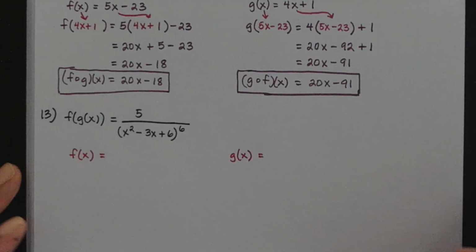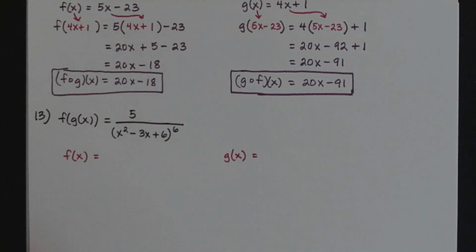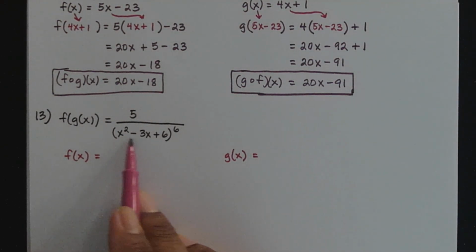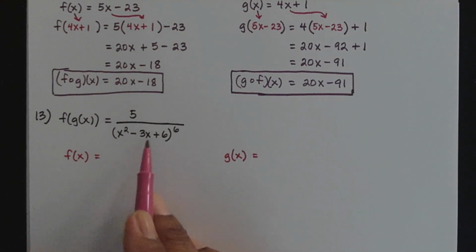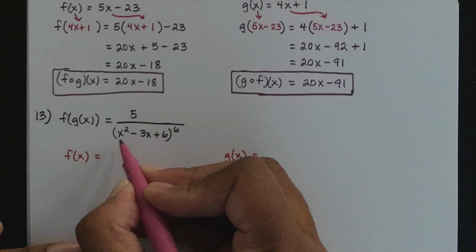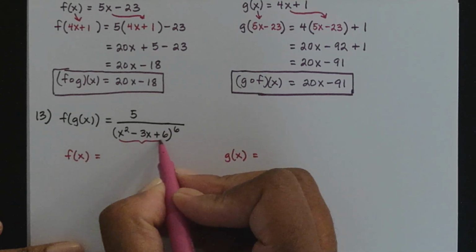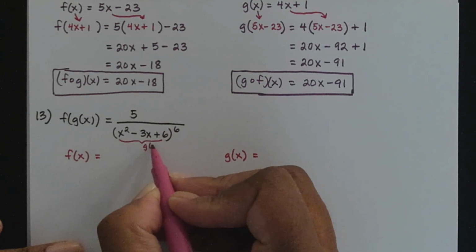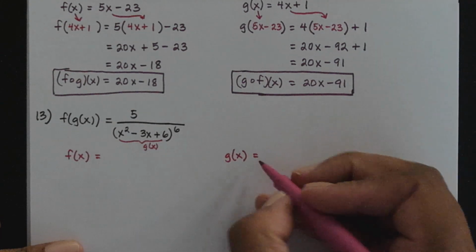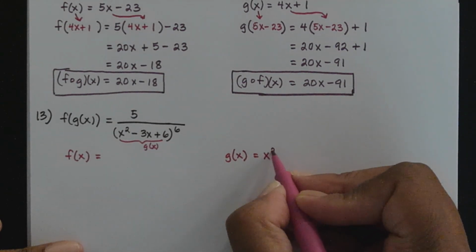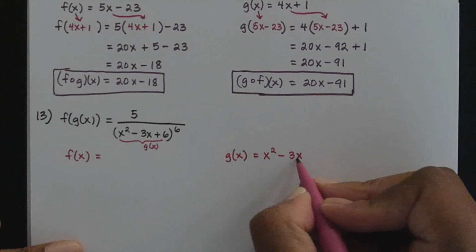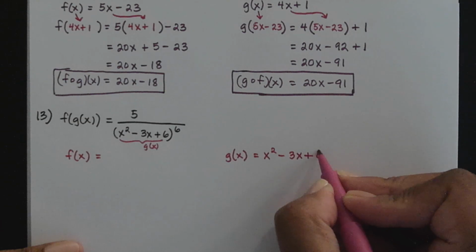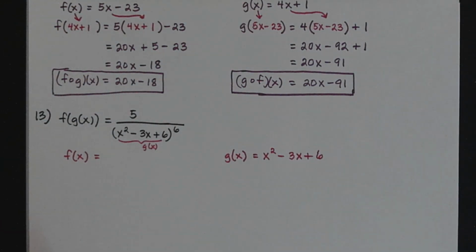Now, in this case, this is what I'm going to do. What's inside the parentheses, that x squared minus 3x plus 6, I'm going to let that be g of x. So g of x will be x squared minus 3x plus 6. And then what's left will be f of x.